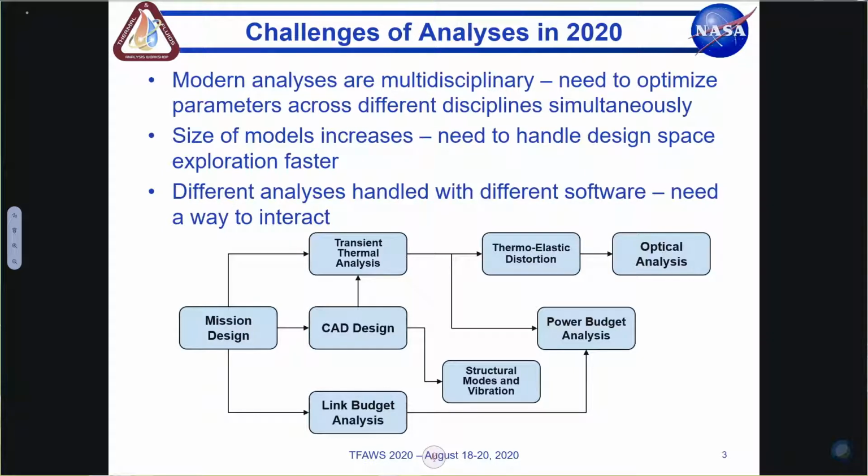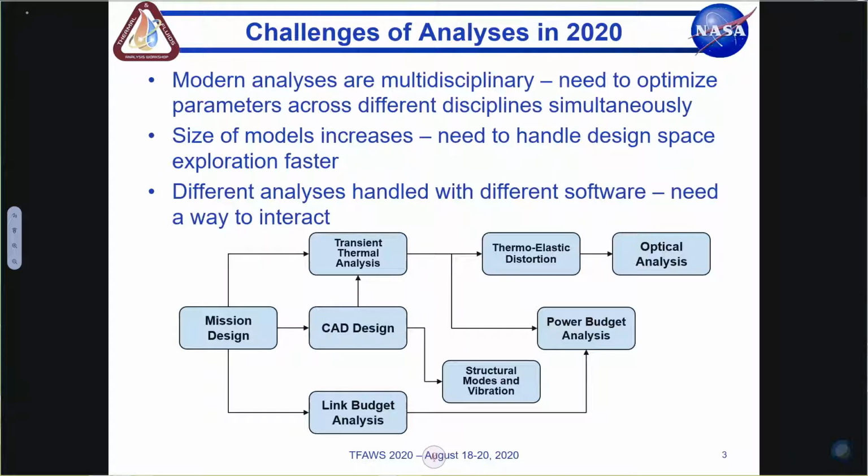The thermal analyst wants things to survive the harsh thermal environment out in space, but may not be able to do so with the competing effects of the other disciplines. So it's basically this interaction and collaboration between the different design teams that is necessary in order to have a successful design and mission going forward.